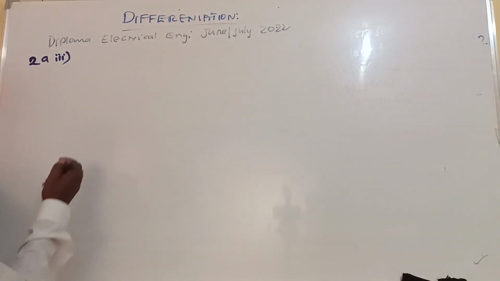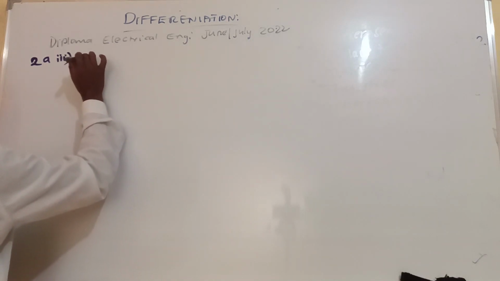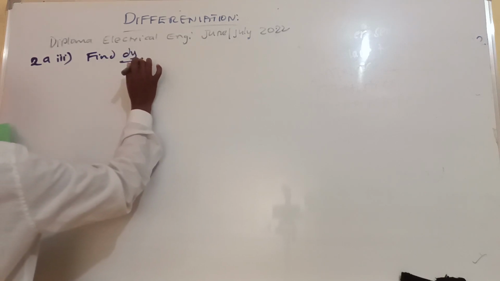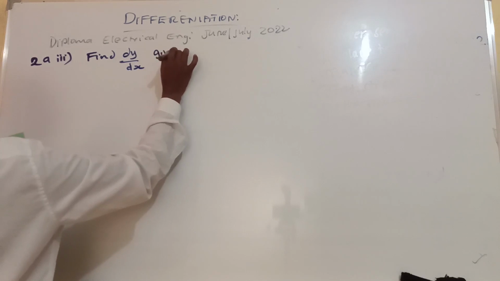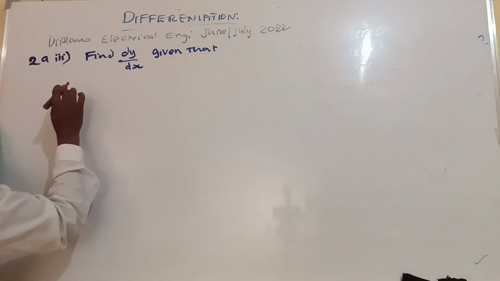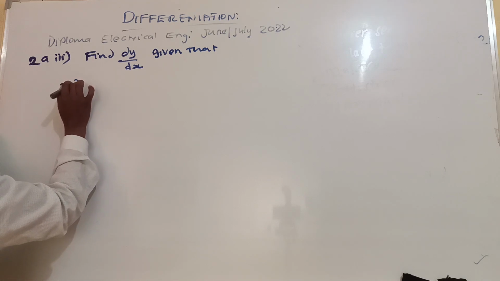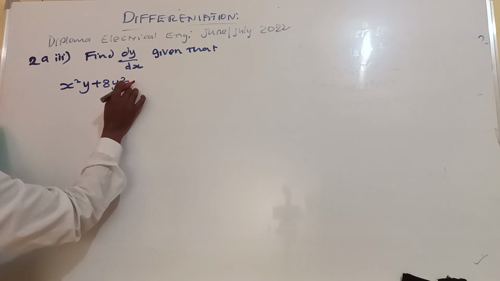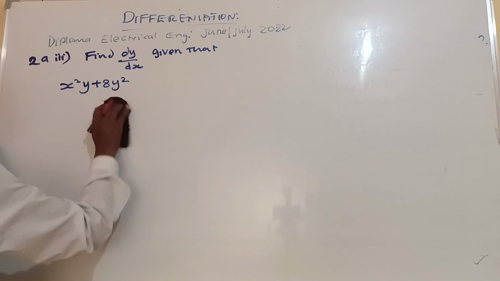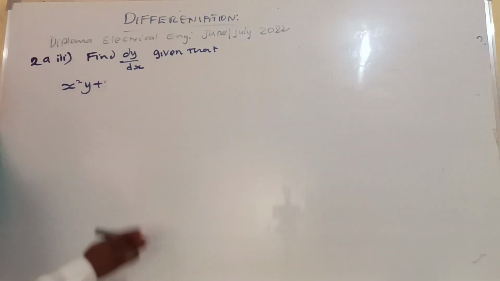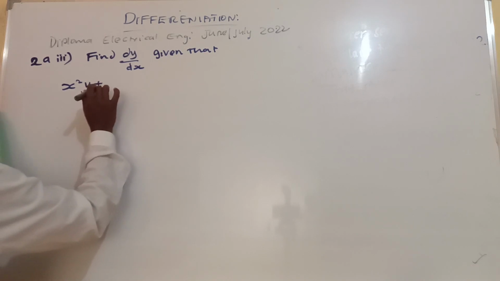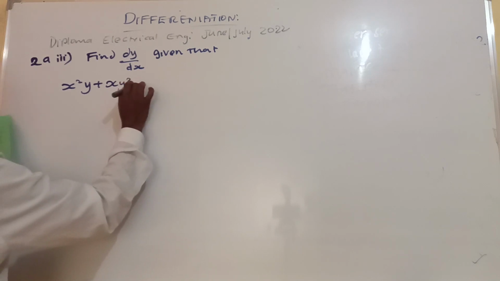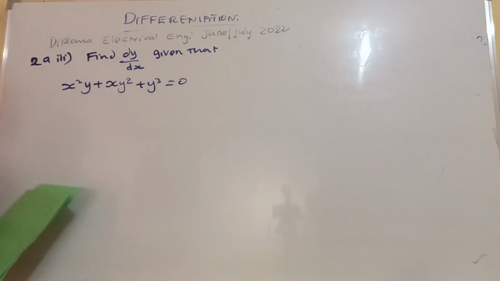Now, we are told to find dy/dx, given that 3x squared y plus 8y squared plus xy squared plus y cubed is equal to 0.